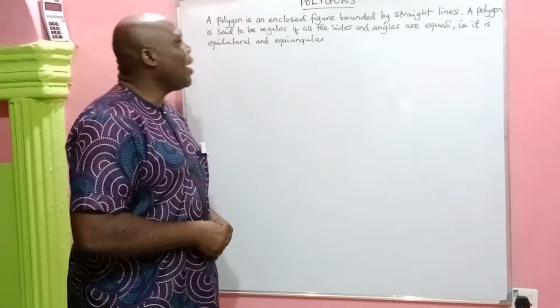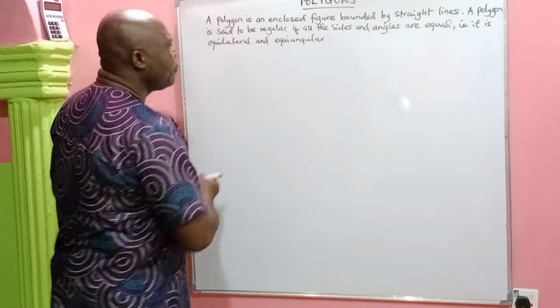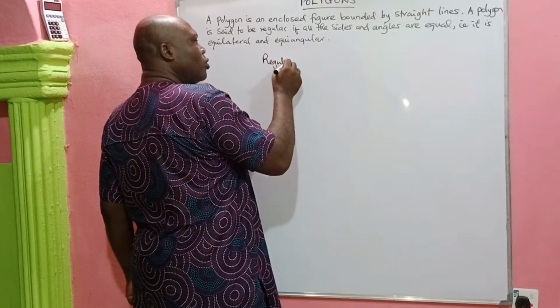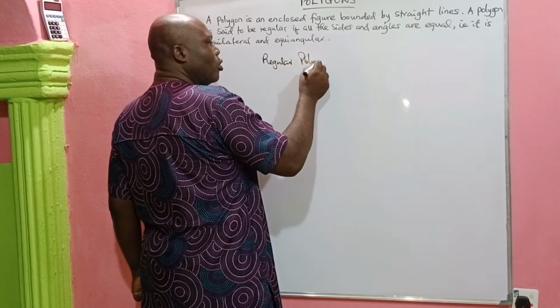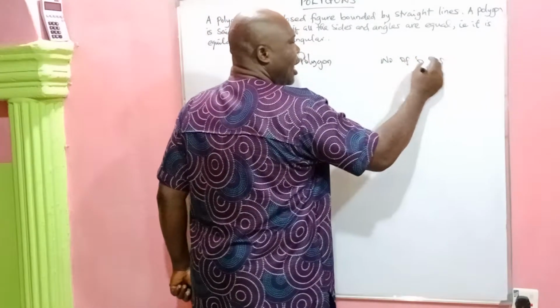So for a regular polygon, the following are the types of regular polygon. We have the regular polygon and then the number of sides the polygon has.